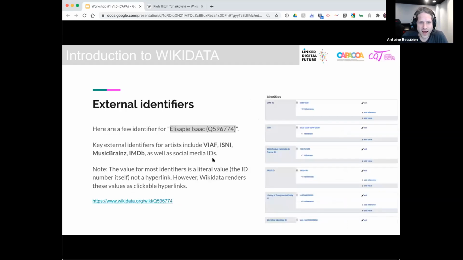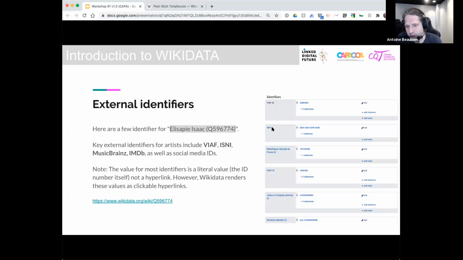An external identifier. So let's take Elisabeth Isiak, sorry. Now we can see here that there are a few identifiers. So the VIAF, you see, which is a virtual identifier. It's a global identifier for every element, or for a lot of human concepts.